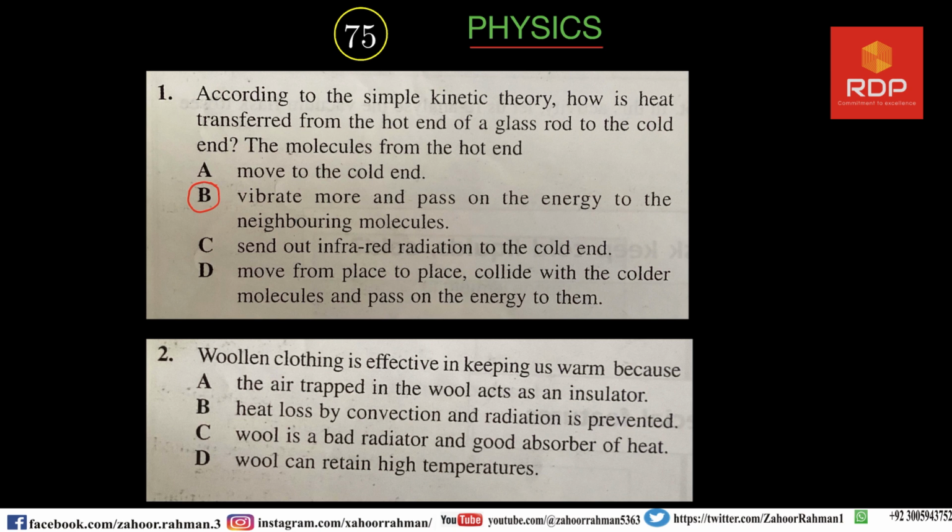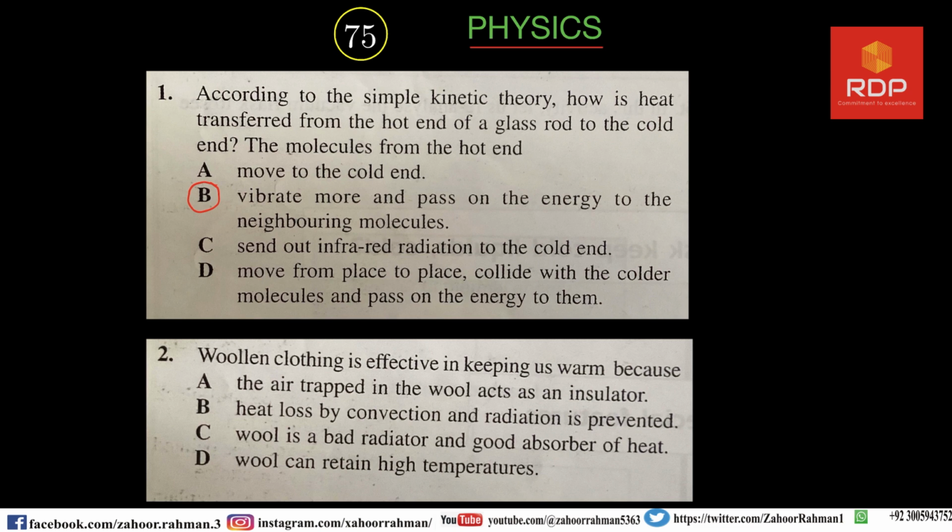The molecules from the hot end send out infrared radiation to the cold end. Now, radiation is another topic and conduction is another topic. So, no involvement of radiation inside the conduction. So, this option is also not correct.